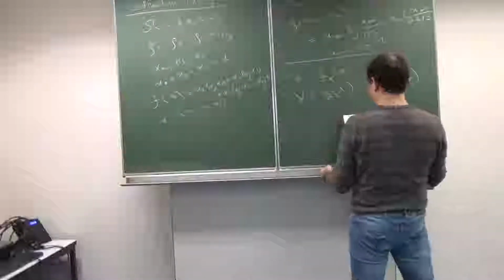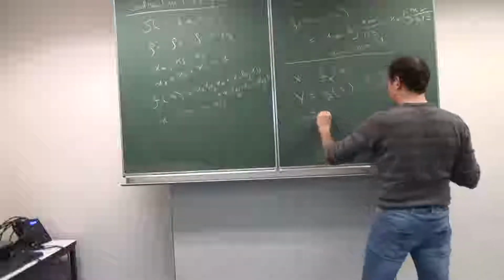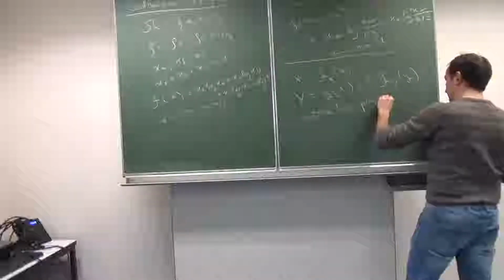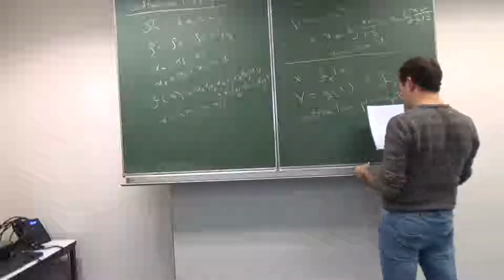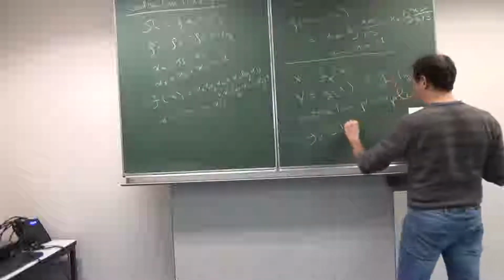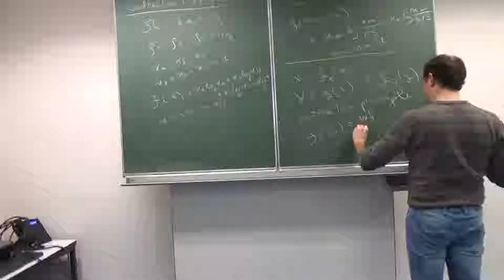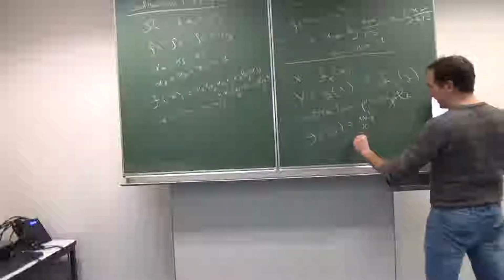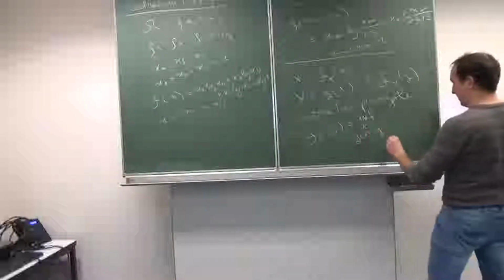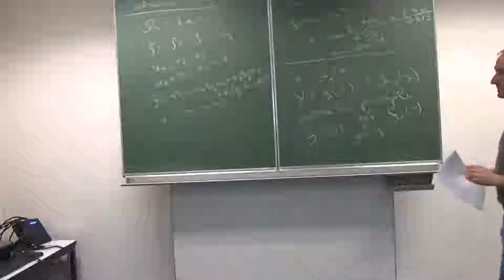Well, the answer is just the contraction principle. F of y is just given by the infimum over x, such that y of x is equal to y, of f of x. This is the general formulation.